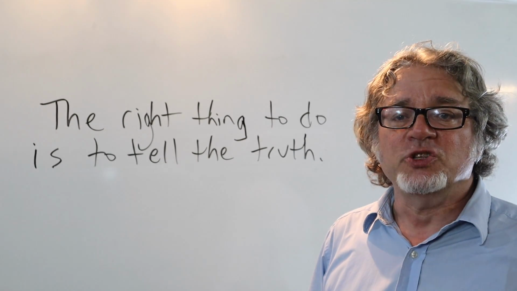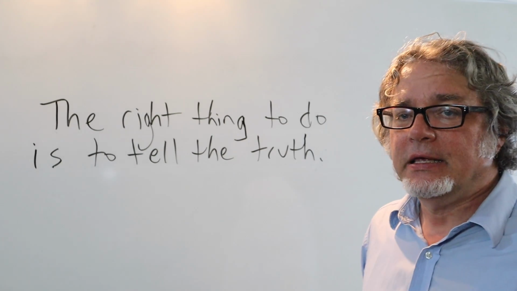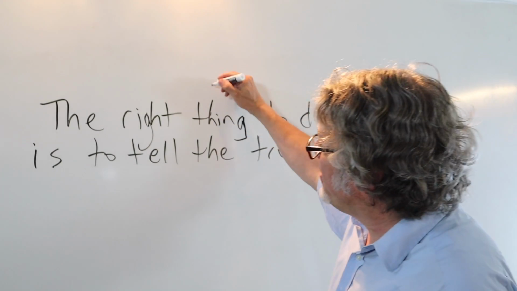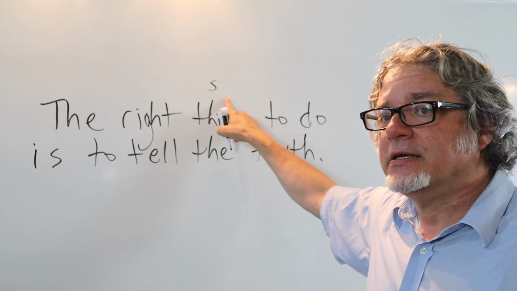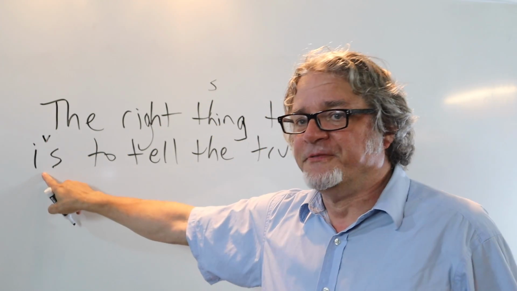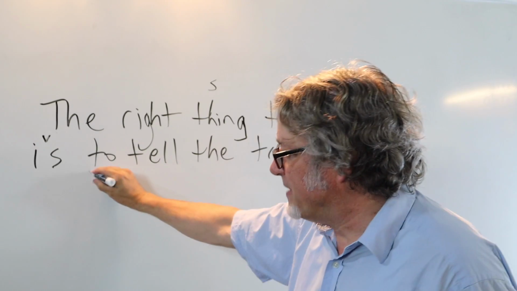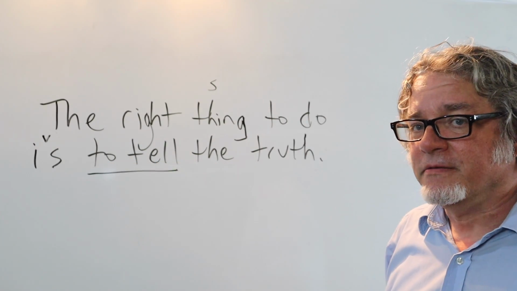The right thing to do is to tell the truth. In this sentence, the word thing is the subject, and the verb for the subject is here, it's the verb be, is, and it's followed by an infinitive.